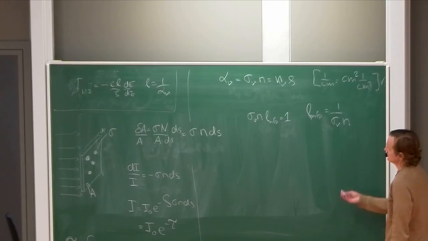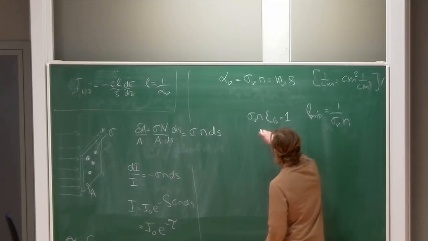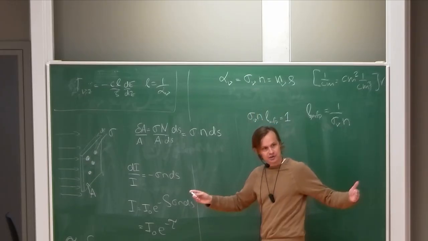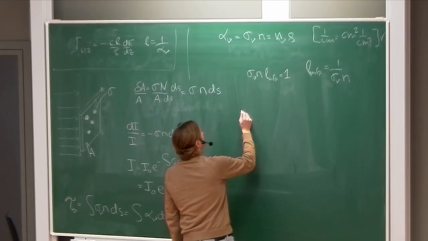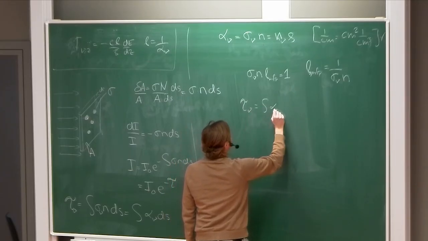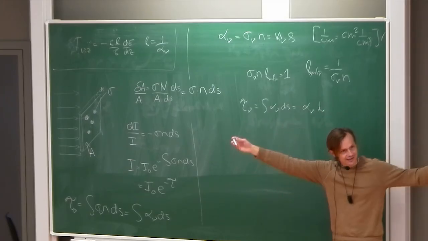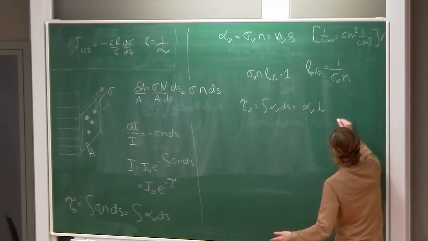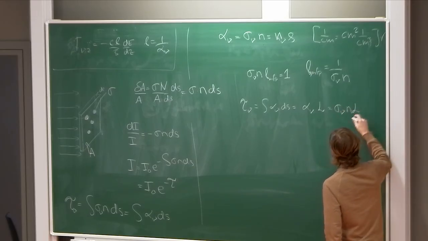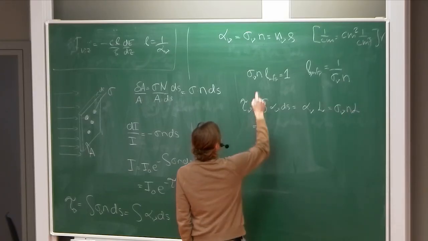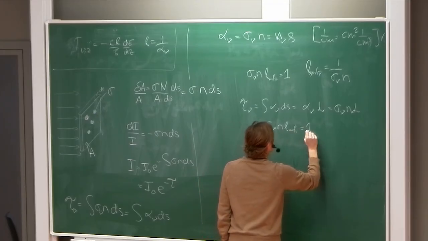Alternatively, we can also see that if we have a homogeneous medium, that is, the extinction does not vary with location. Remember, we started our explanation with the homogeneous slab. Then we could say that tau nu was alpha nu ds, which then is just alpha nu times L, where L was the length of the slab. In the case that it was homogeneous, this is sigma nu times n times L. But of course, if we now identify this length with the mean free path, we see that it's sigma nu n times mean free path, and that's just unity.